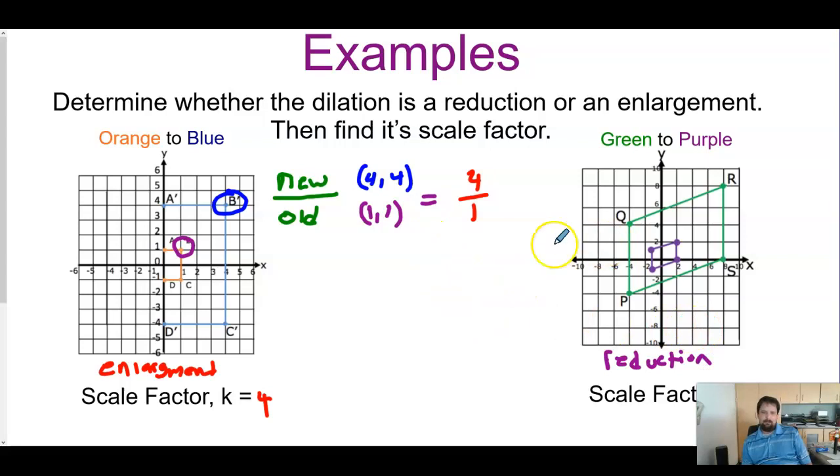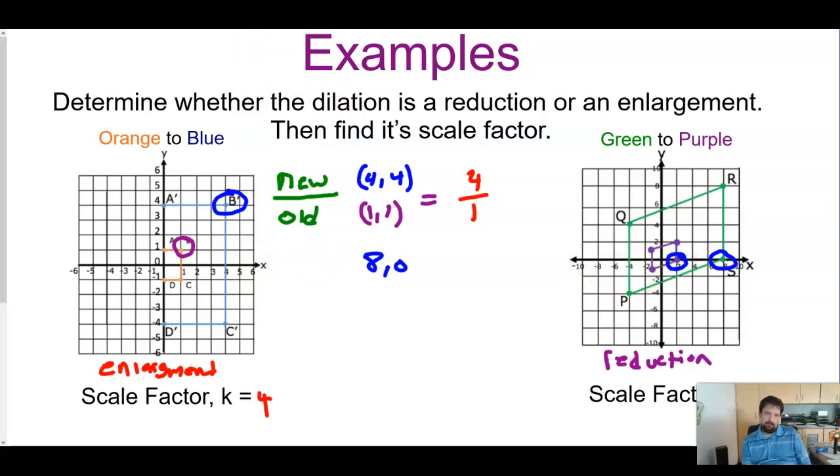Okay, so let's go ahead and find the scale factor again. Let's choose the bottom right point this time. So we're choosing the S, and the coordinate is 8, 0.